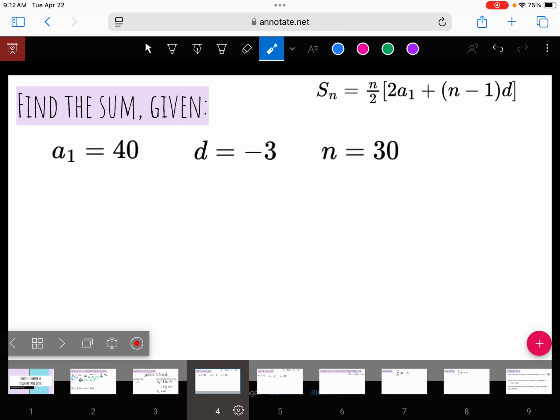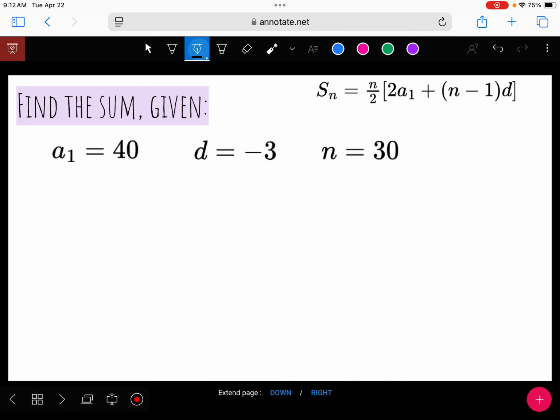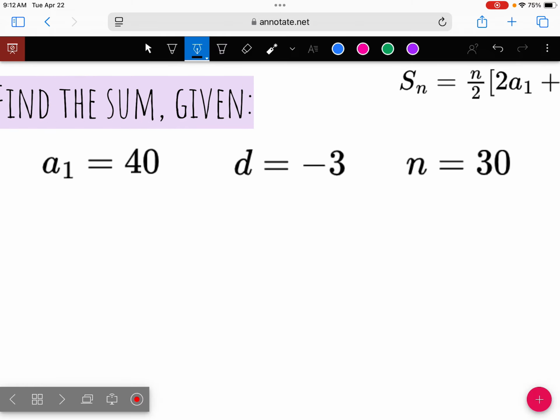So we've got an equation where we can just plug and chug these pieces in. We're going to get the sum of these 30 terms, that's our n, by filling in this data. We're going to have our n over 2, our 30.